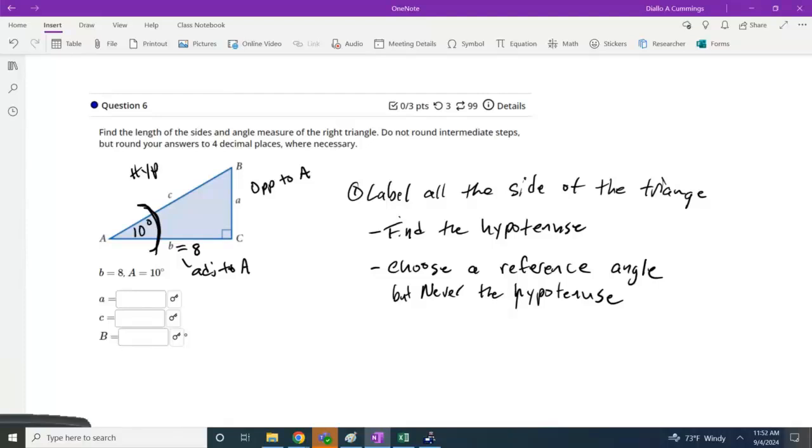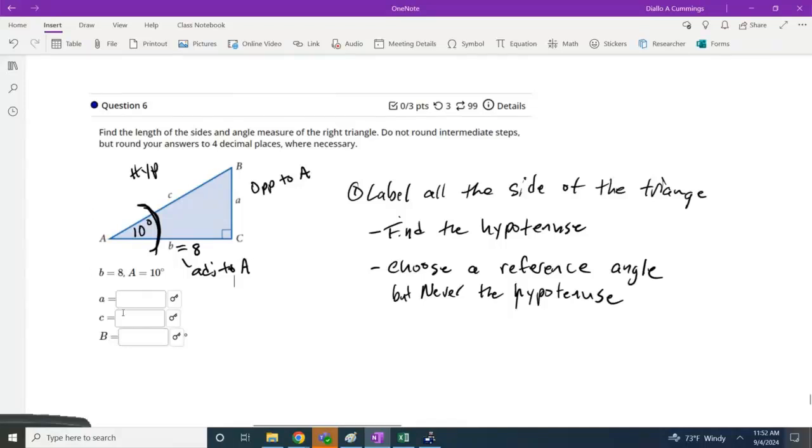These rooms are adjacent because they share this common side, this common wall. Angle A and side B are adjacent because they share this common side. So now I have everything labeled out, my opposite, my hypotenuse, and my adjacent.